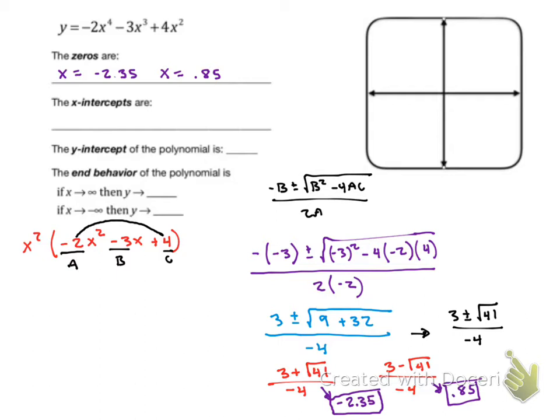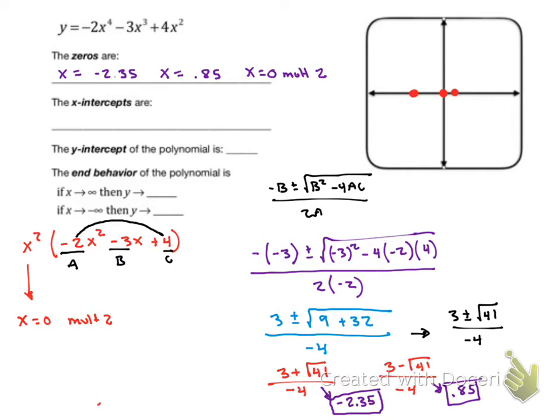And last, don't forget this here. We only factored this portion here. That x squared is still kind of lingering out there. So this is x equals 0 with a multiplicity of 2. And that is also a zero. So now we have to plug those points in. Here's negative 2.35, 0.85, and 0.